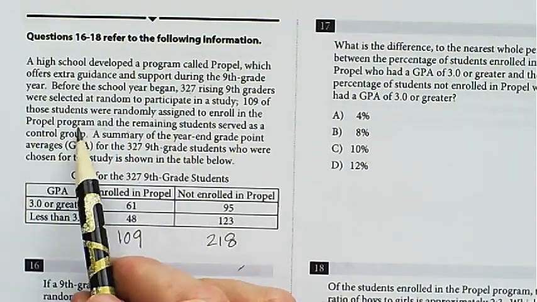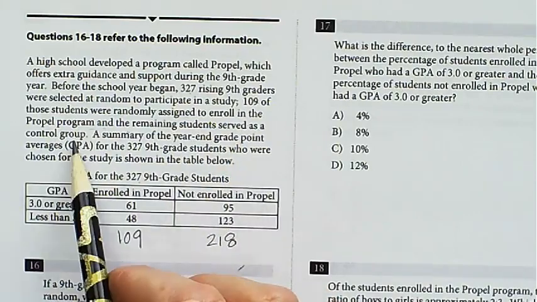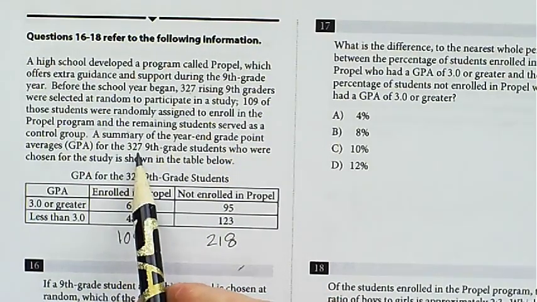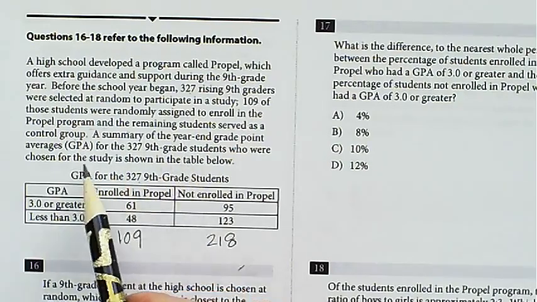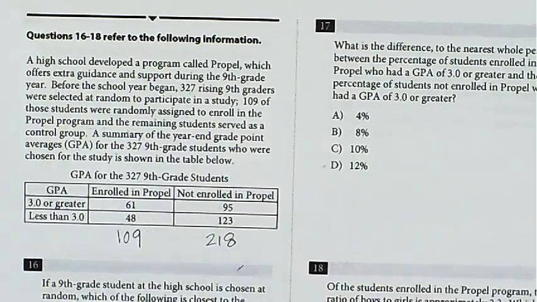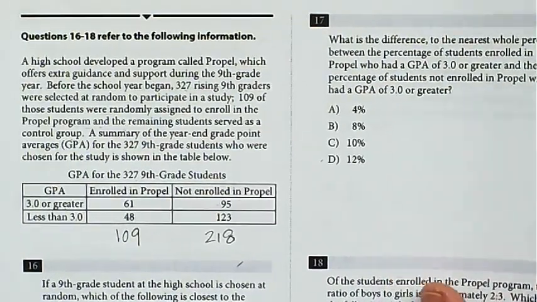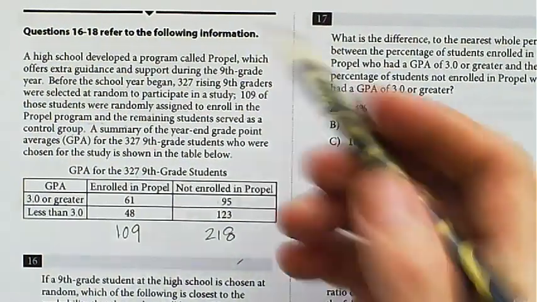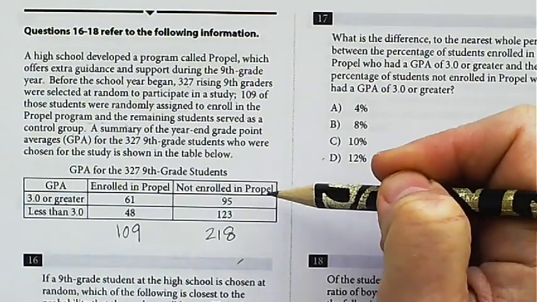109 were randomly assigned to enroll in Propel. The remaining served as a control group. A summary of the year and grade point average for the 327 9th grade students who were chosen for the study is shown in the table. So it's a lot of reading here, and the questions are not super difficult, but you do need to be careful you're picking the right category.